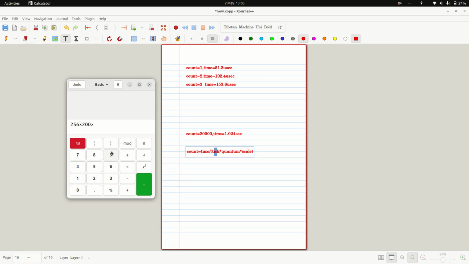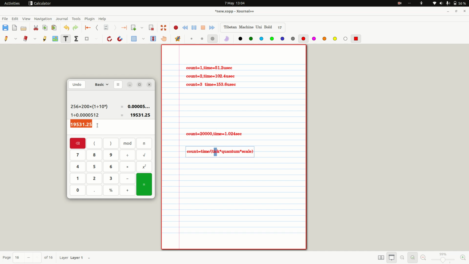Nano means 10 to the power 9. And scale is 1. So how much is the answer? 19,531.25. So can we write like this?